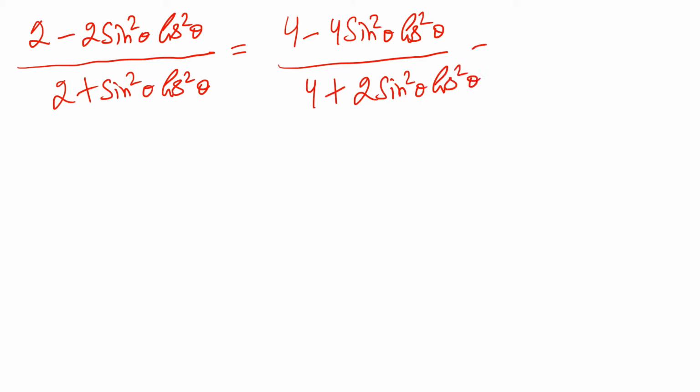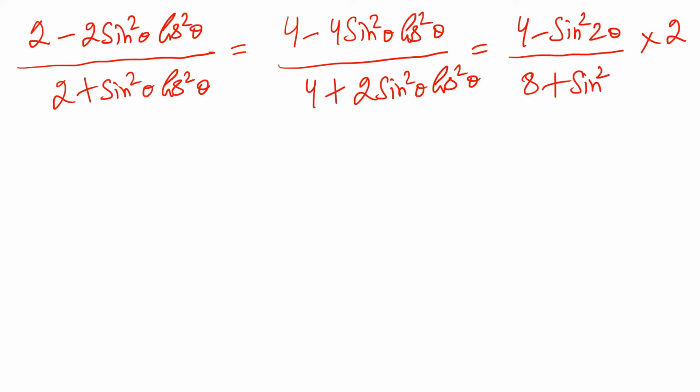Now students, the numerator can easily be written as 4 minus sin square 2 theta. But in the denominator, we need to multiply again by 2. So we'll be multiplying numerator and denominator again by 2. In the denominator, we'll now have 8 plus 4 sin square theta cos square theta, which can be written as 8 plus sin square 2 theta.